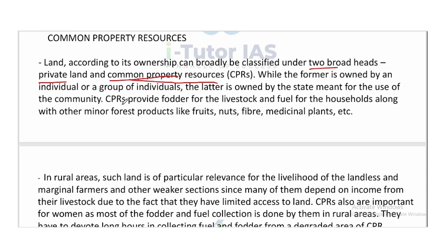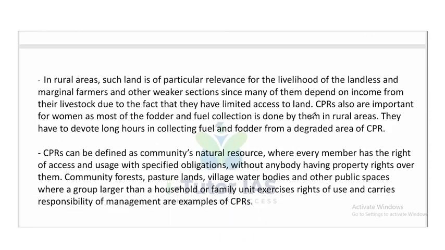CPRs provide fodder for the livestock and fuel for the households along with other minor forest products like fruits, nuts, fiber, medicinal plants, etc. In rural areas, such land is of particular relevance for the livelihood of the landless and marginal farmers and other weaker sections, since many of them depend on income from their livestock due to the fact that they have limited access to land.